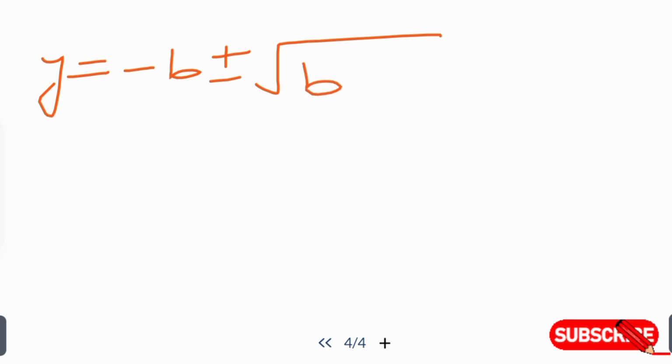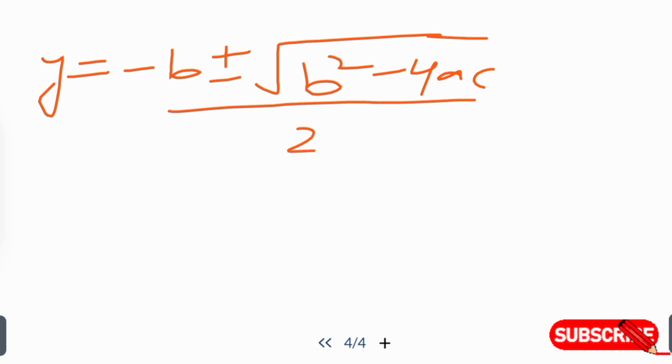y equals to minus b plus minus root over b square minus 4ac, all by 2a.